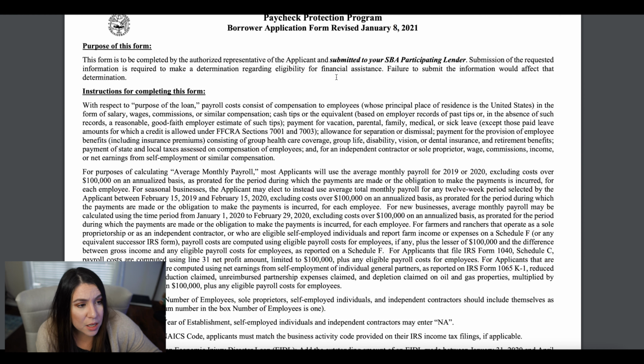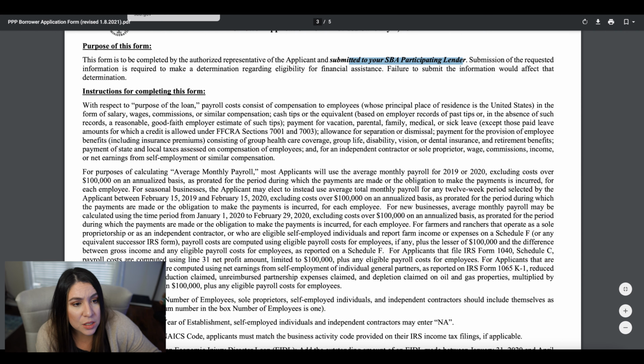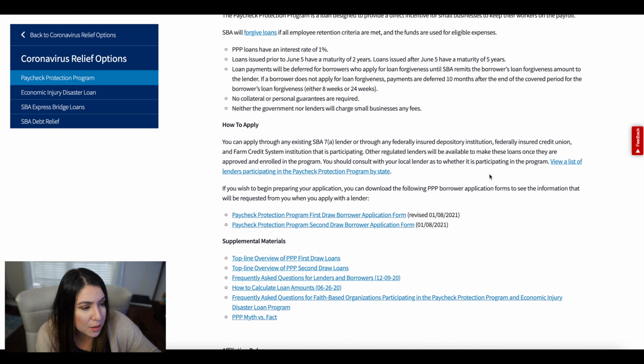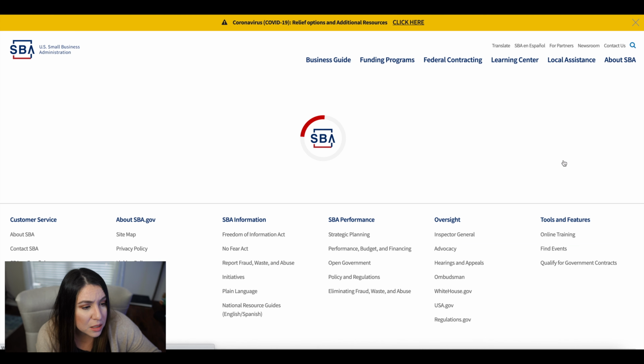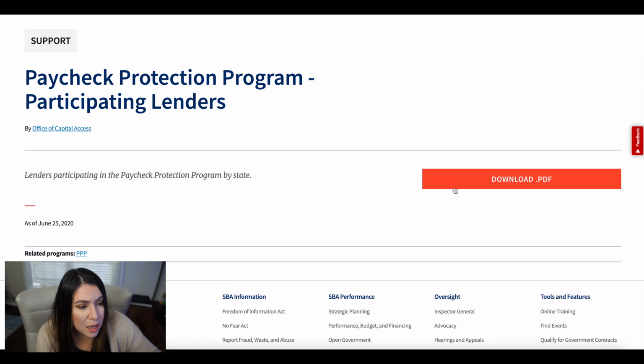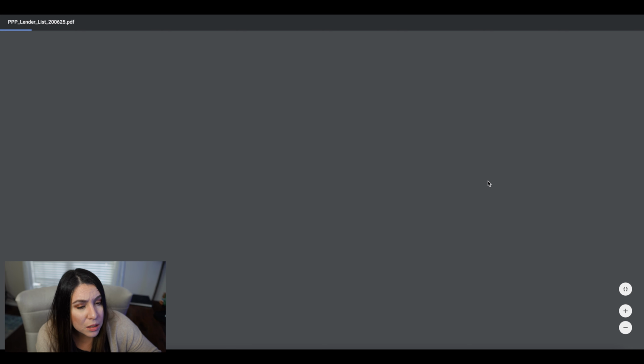So you need to submit this form to participating lenders. And they have a list on SBA's website right here. So if you go to sba.gov and you click on the Paycheck Protection Program, under how to apply, they have a list that you can download.